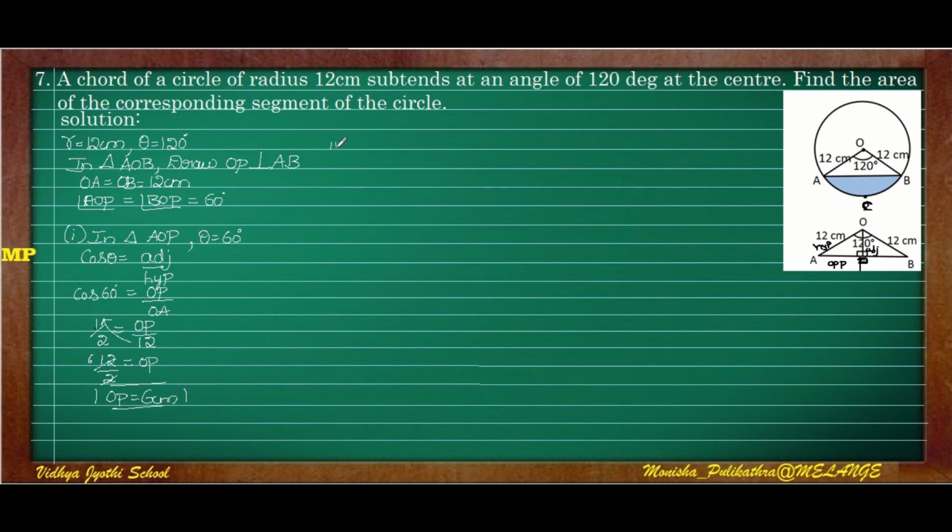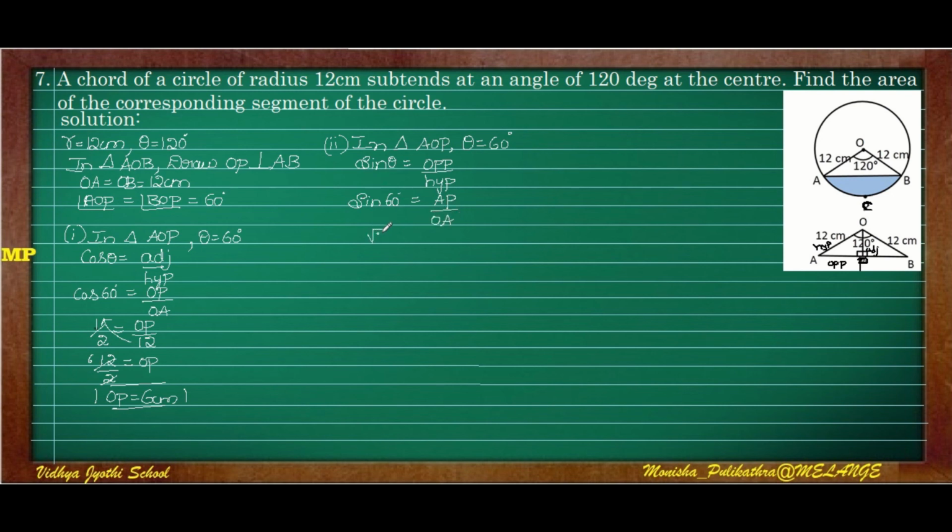Next, we need to find out this AP so that we will get the value of this base AB. Again, I will take the same triangle AOP, where theta is 60 degree itself. But now I will take sine theta because we need the opposite side, and sine theta is the ratio opposite by hypotenuse. Sine 60 is equal to opposite side AP by hypotenuse OA.